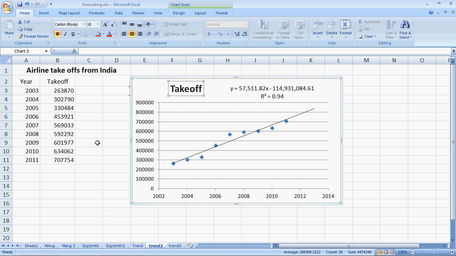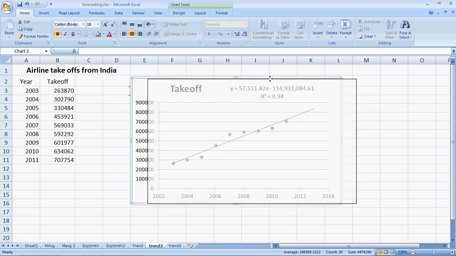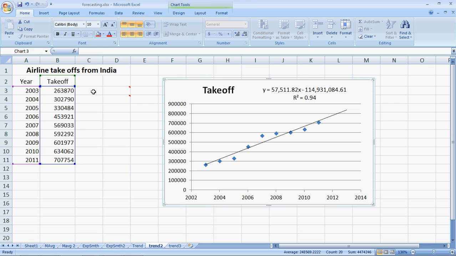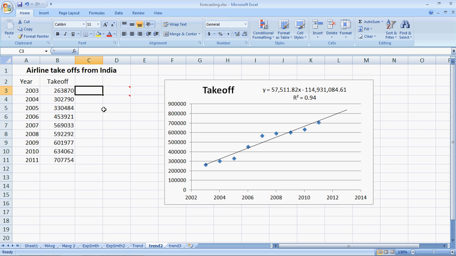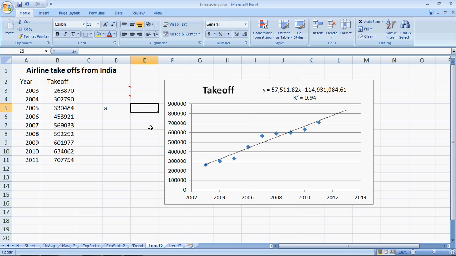So we have the numbers here as per the equation. Y is equal to a plus bx. So the a for us here would be negative 114,931,084.